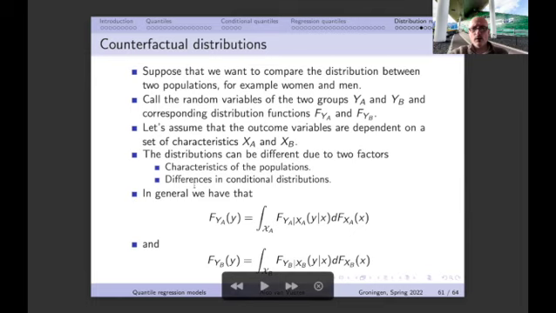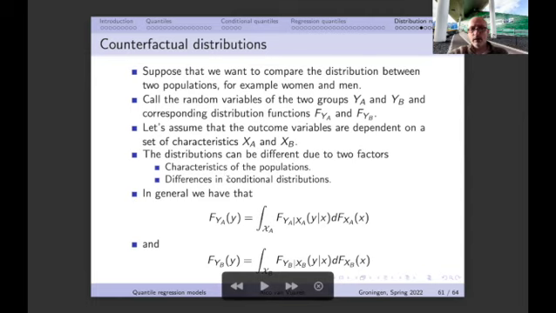But there's also another thing that could be important, and that is that there could be differences in the conditional distributions. It could be the case that even in the situation in which the characteristics of the populations are the same, there could still be differences in terms of the distributions of ya and yb because of the fact that the conditional distributions, so the distributions conditional on these characteristics, may be different from each other.